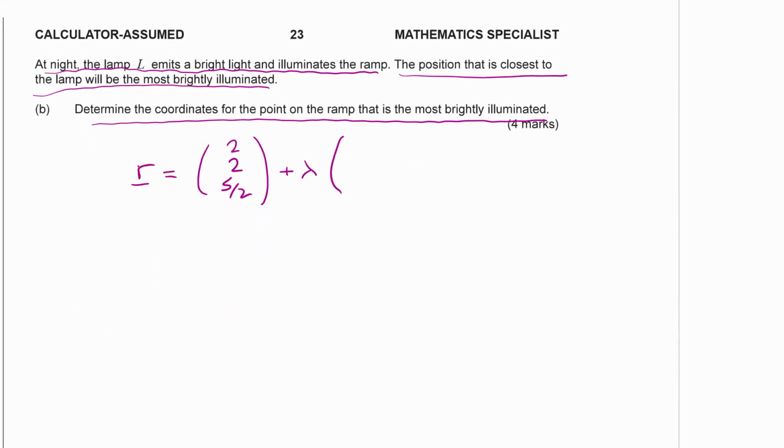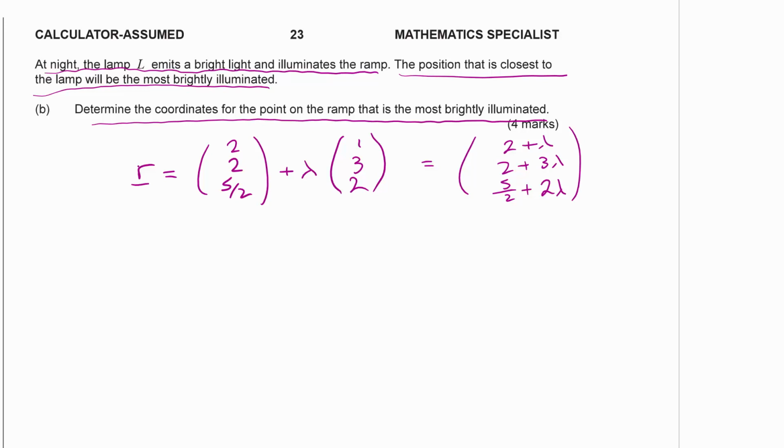So it's going to be (1, 3, 2) as the direction of this line. Or if you like, what we have there is 2 plus lambda, 2 plus 3 lambda, and 5/2 plus 2 lambda.